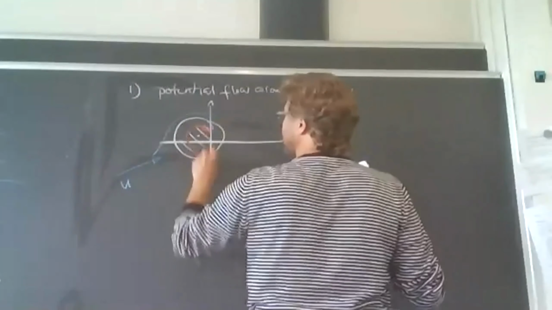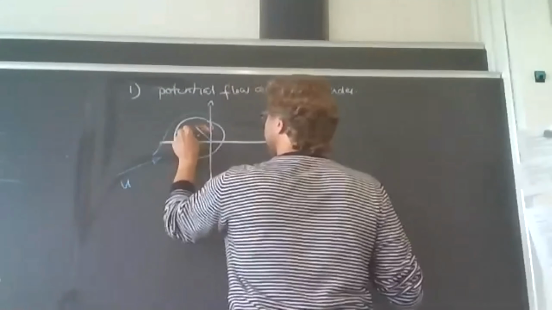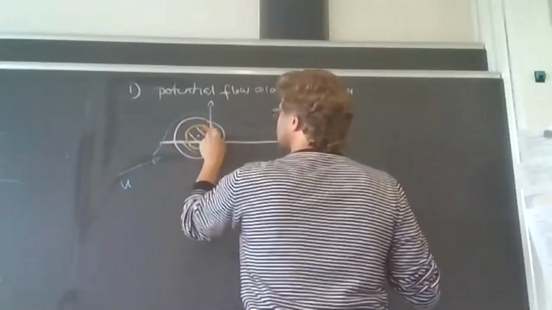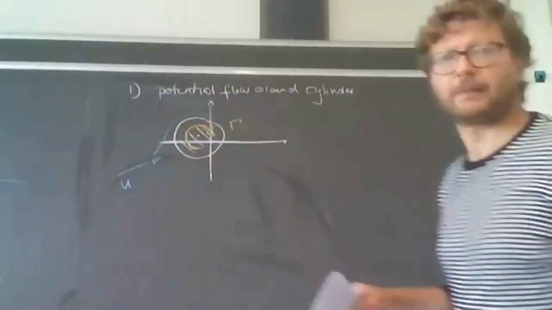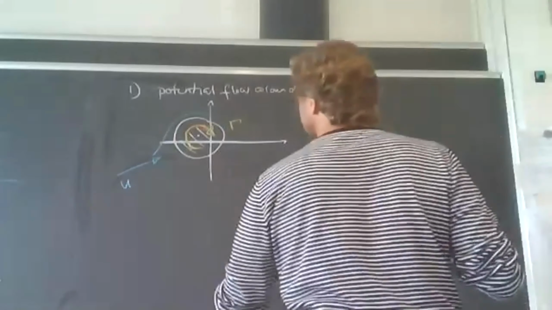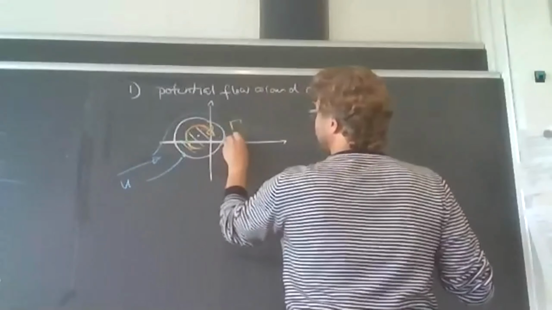And we add an oncoming parallel flow around it, and we obtain streamlines. What we also do, we don't have to, but we can, we can also add a bit of circulation gamma. And this will lead to streamlines, which probably will look something like that.